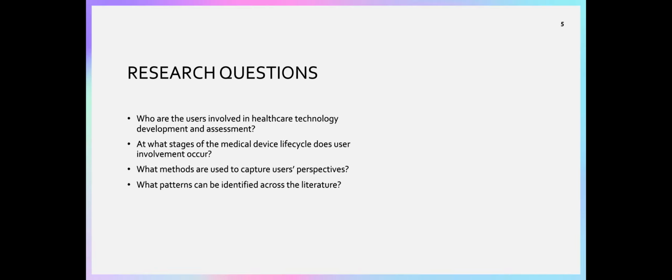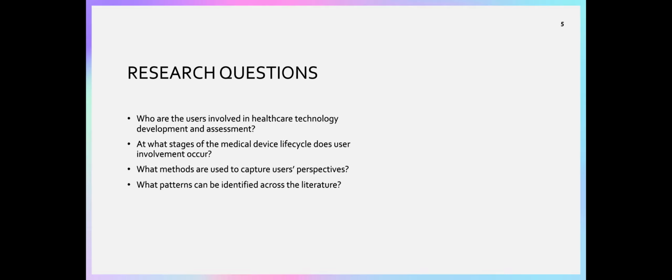And at what stage of the technology life cycle are they involved? What methods do they use to gather their opinions and experiences? And overall, what trends or patterns can we see in the literature about user involvement? So even without a formal hypothesis, the study still has a clear direction.